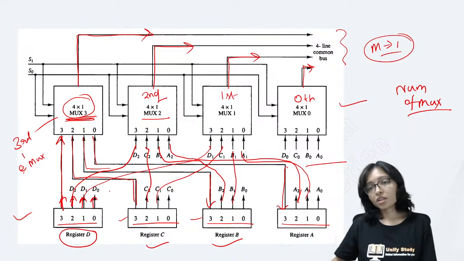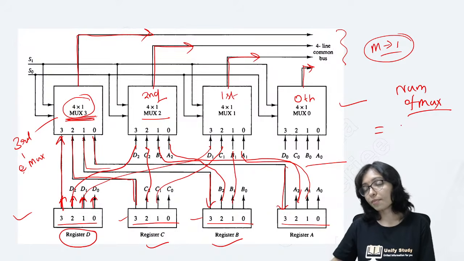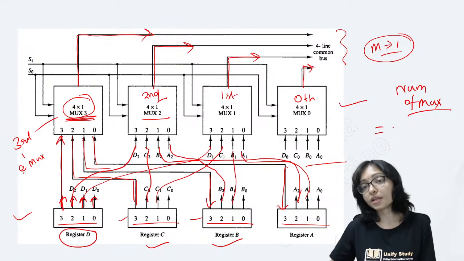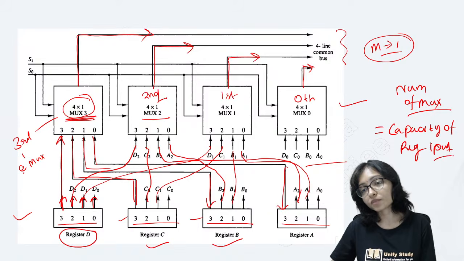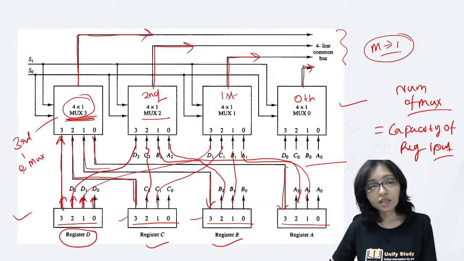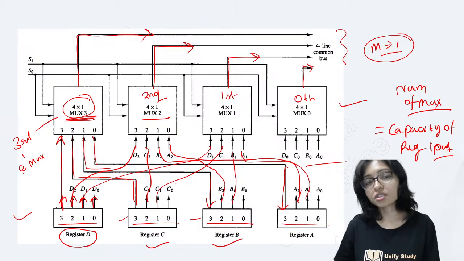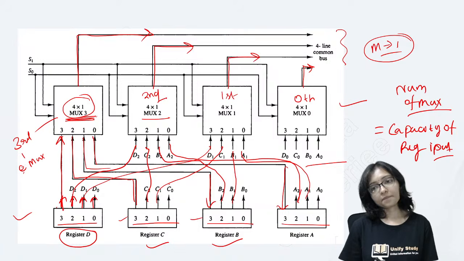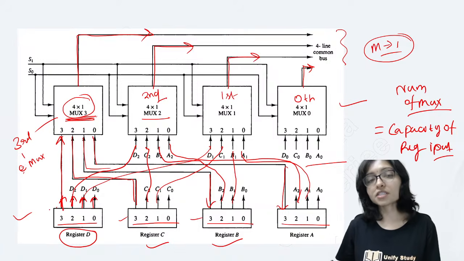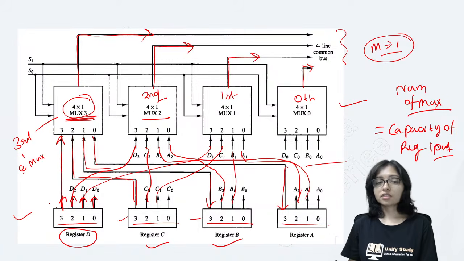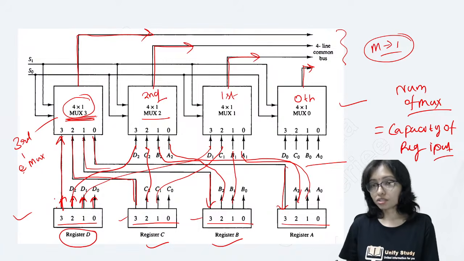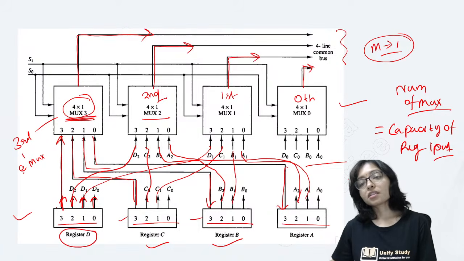The number of multiplexers depends on the capacity of the register, that is, how many input lines there are, because for every one I have to connect. Right? Is it or not?